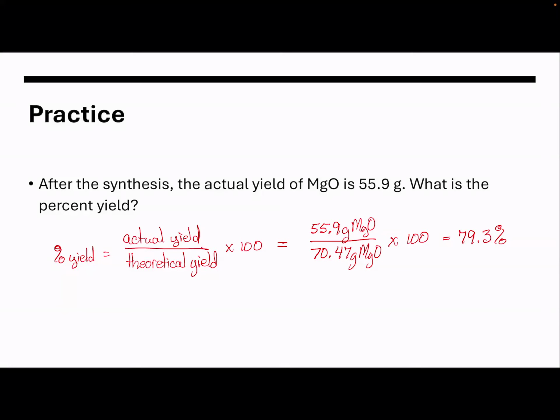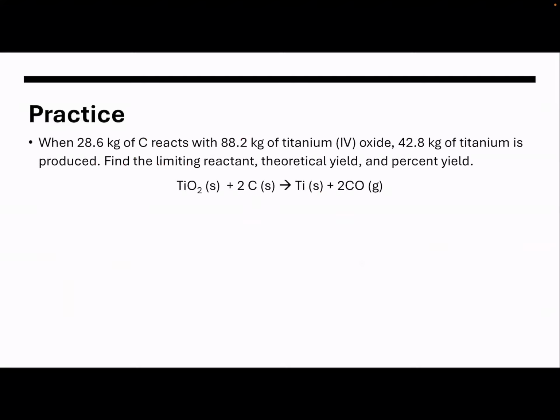Let's look at another example. I want to give you a few minutes to work out this one on your own. You're going to use the same process that we used. So I'll help you get started. We are told that we had 28.6 kilograms of carbon reacting with 88.2 kilograms of titanium oxide.